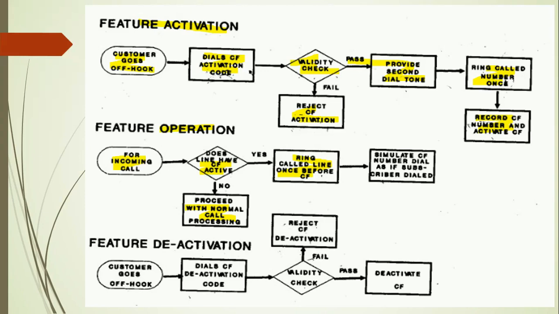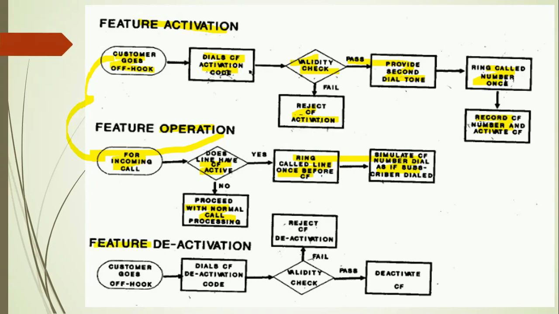Then simulate the number dial. That means the subscriber has to be dialed. That means it won't dial the previous number, it will dial the new number. These two, the first one is activation of call forwarding and the second one is operation of call forwarding. Whenever call forwarding is done for the phone, you can deactivate also.